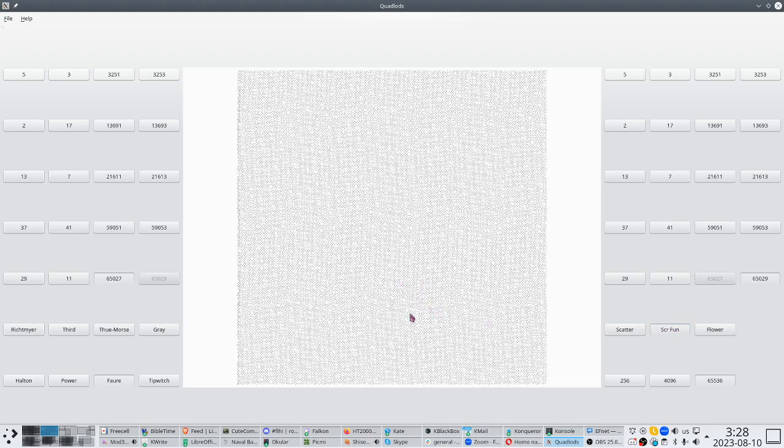And this is what its scrambling function looks like. The way the Faure scrambling is done is, if the number is odd, you take the middle number that is halfway between 0 and p minus 1.